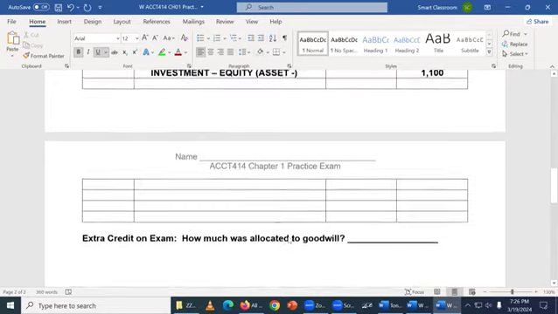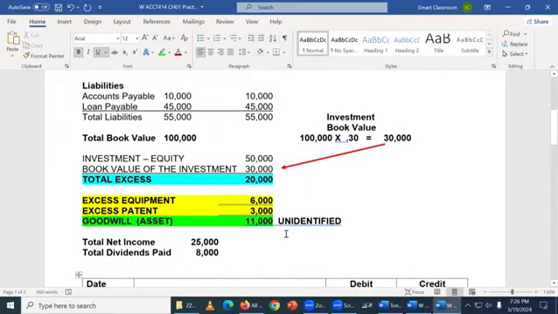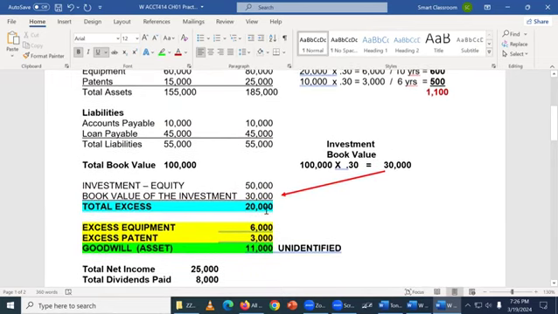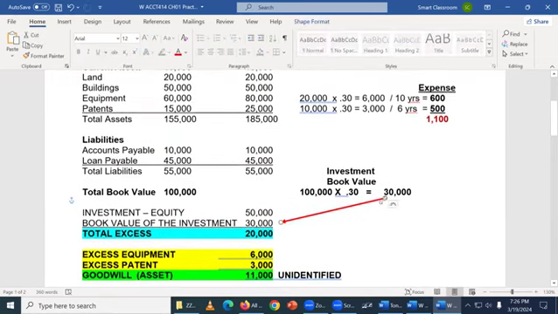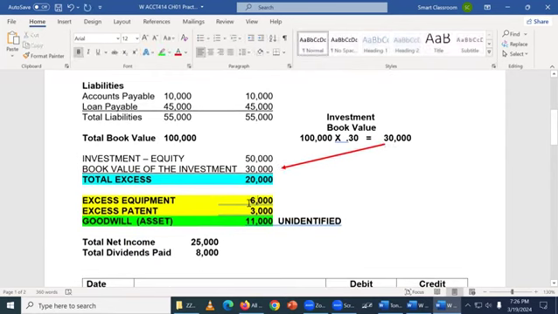And if you look up at this one up here, the way I did it was I did it at book value, and then said, okay, the difference at book value would be, these are the identified.